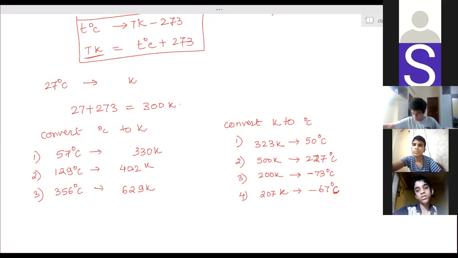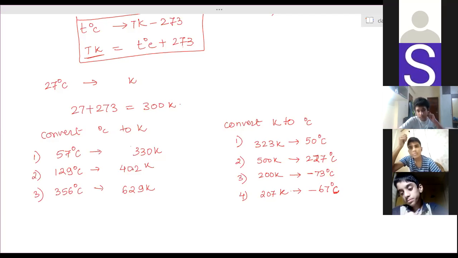Until then, you have to start doing NCERT questions. All the question answers of NCERT are very important. First start solving, and I will upload an objective worksheet. Do the NCERT book questions, the in-text questions as well as the exercise questions.